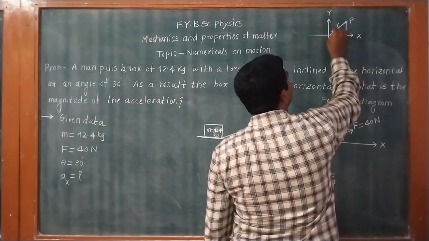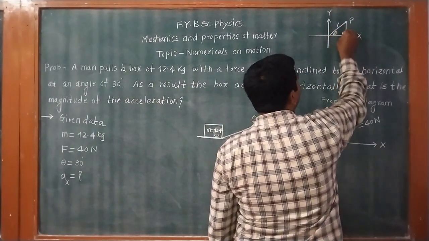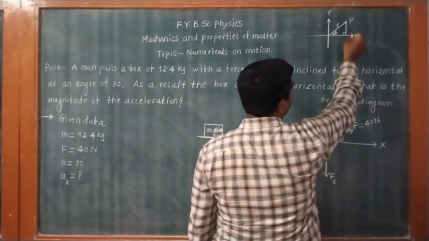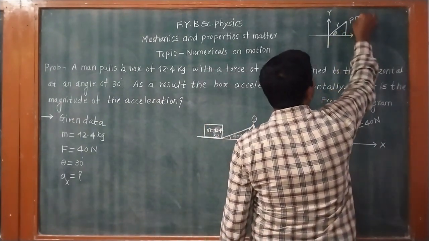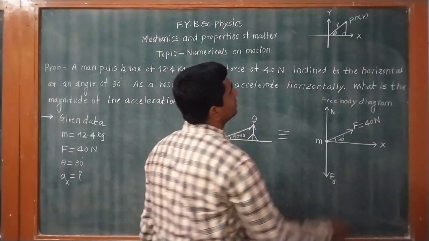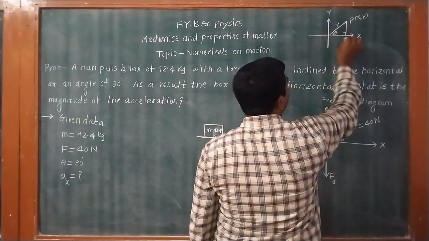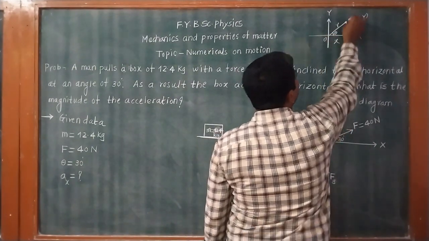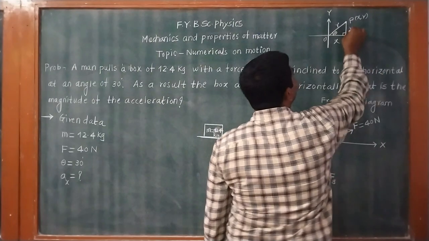If this angle is theta, draw a perpendicular from this point. This distance OQ is x, and this PQ is y.